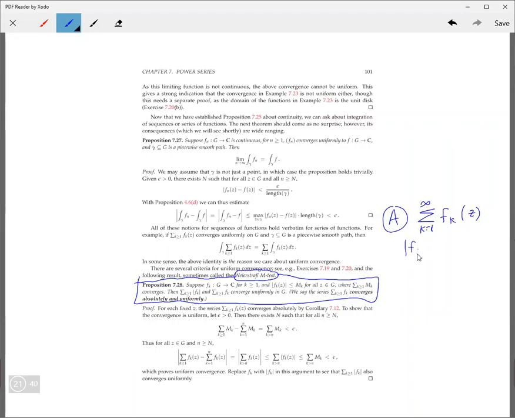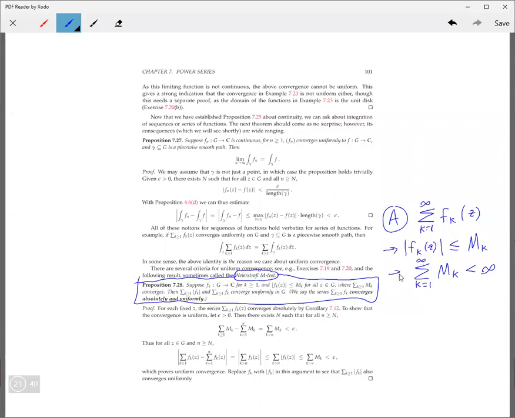And the condition is this: the modulus of each of these terms is less than or equal to some constant, either positive or zero, each one of these terms in your series, less than or equal to that. And these constants, the series of them, converge. Okay, those are your conditions.